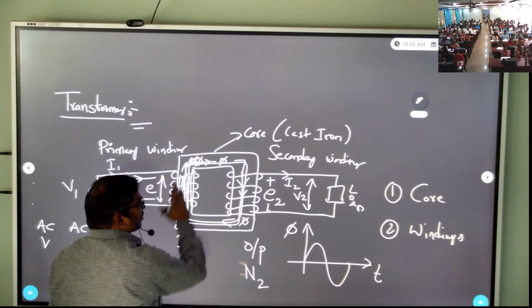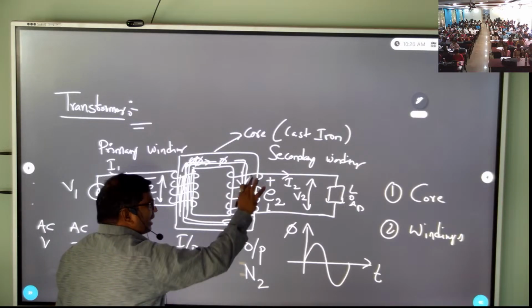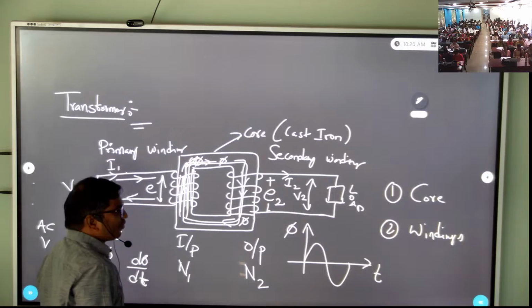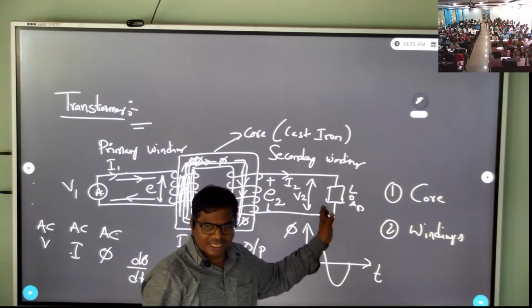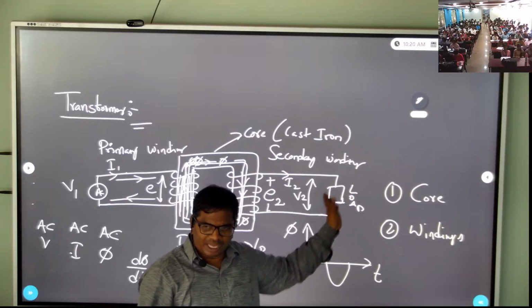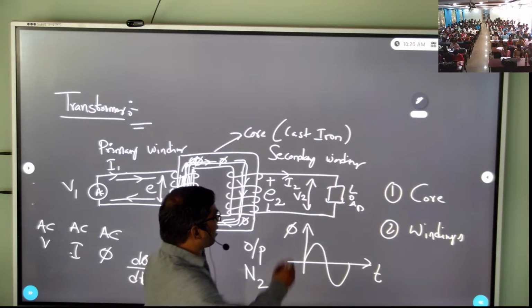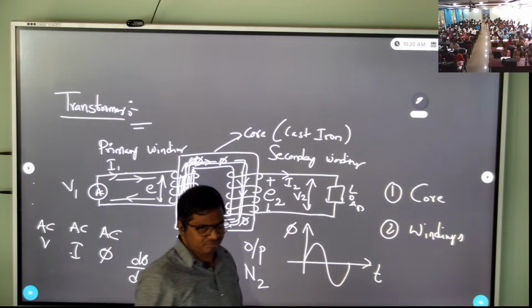Because the flux flows in this winding, an EMF is induced here. If you connect these terminals to any load, circuit or equipment, a current will flow, known as I2.